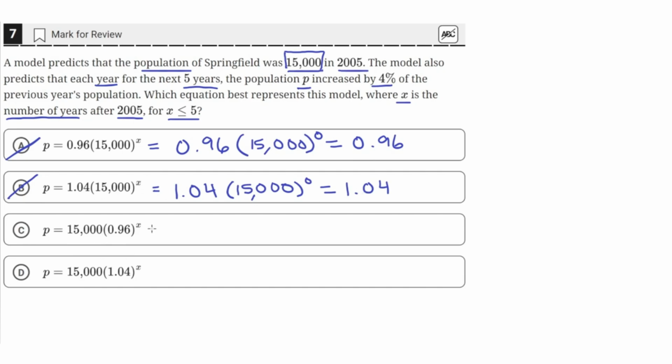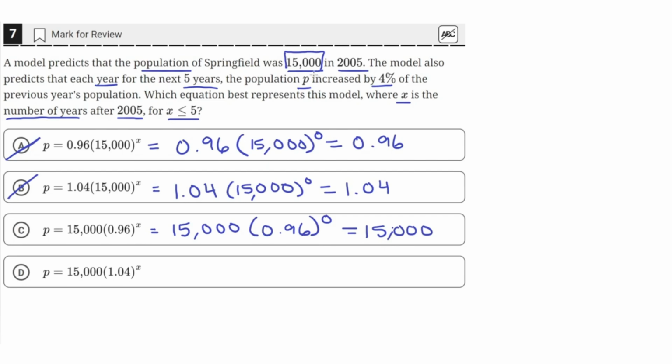Then answer choice C, if we look at this, we will be left with 15,000 times 0.96 raised to the 0th power, which is just equal to 15,000, which is accurate, because 0.96 raised to the 0th power is 1, so 15,000 times 1 is just 15,000, and that's what we want.